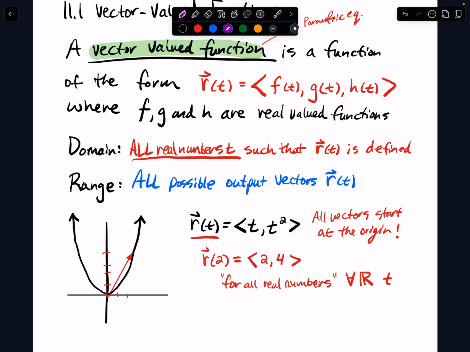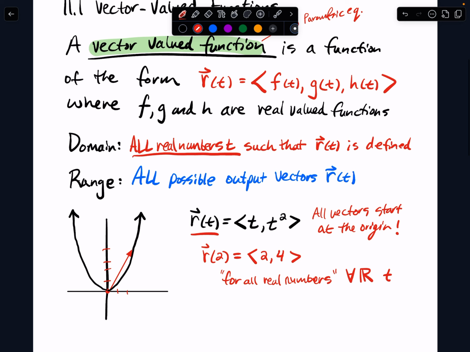Now, instead of having infinitely many vectors drawn out, all starting at the origin and going to all of these places here, what we do is we graph the set of all these terminal points, okay?